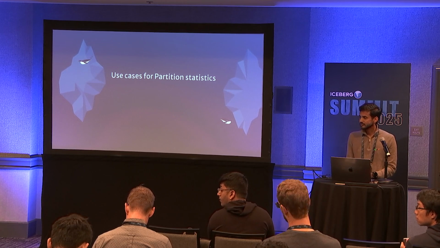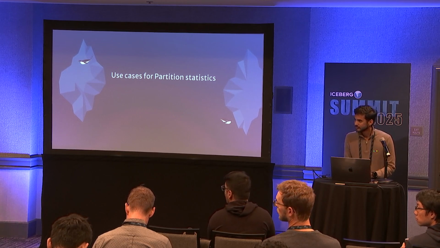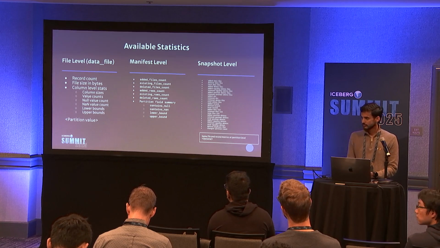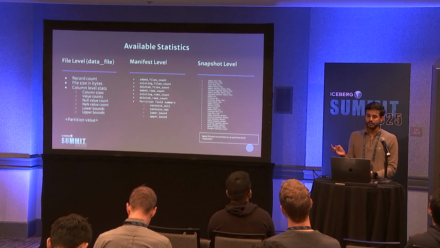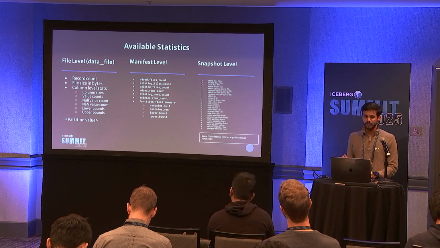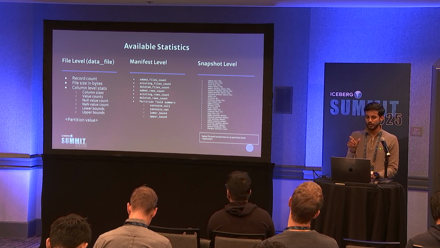I think you mentioned that there are two levels of partition statistics, one at the manifest level and one at the manifest list level. Why did you end up with two levels of statistics? The one at the file level tracks column level statistics per partition, so it knows what the stats are for my partition value.